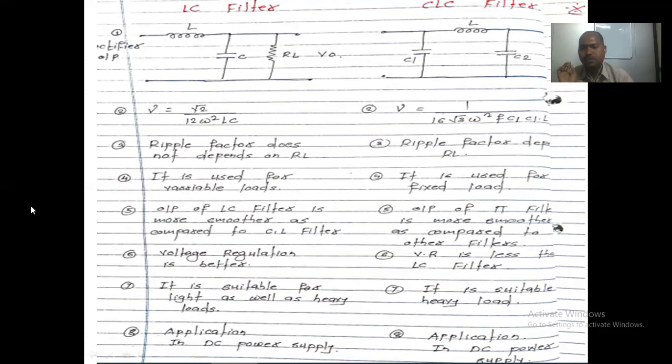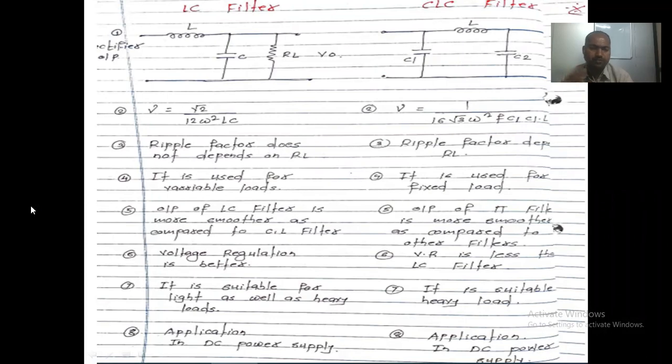So the load changes, and accordingly the performance of the CLC filter changes. Okay, why? Because it is used only for a fixed load. But in the case of your motor, the load changes. You know that when you use a motor, it has levels, meaning low speed, medium speed. So it changes.